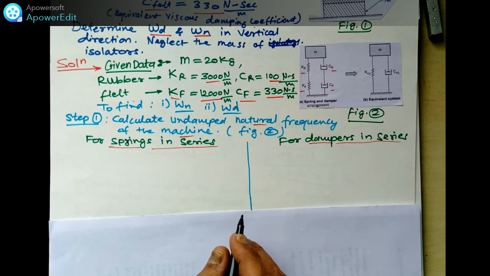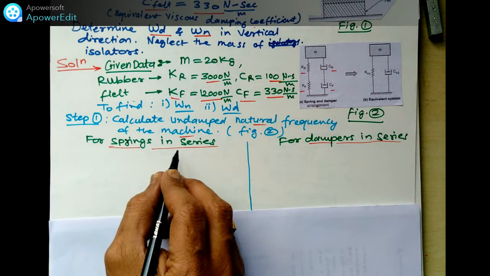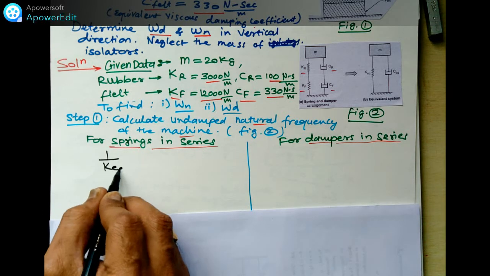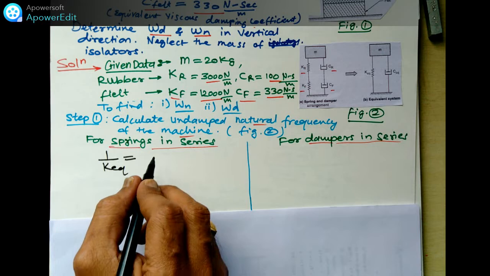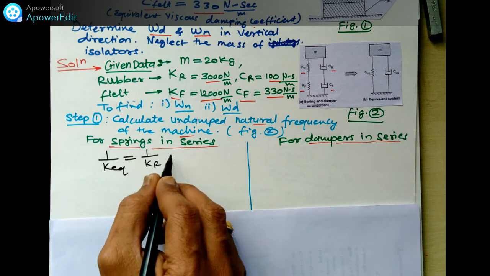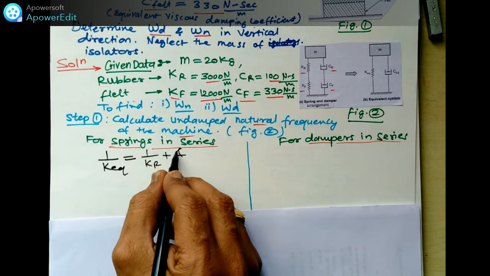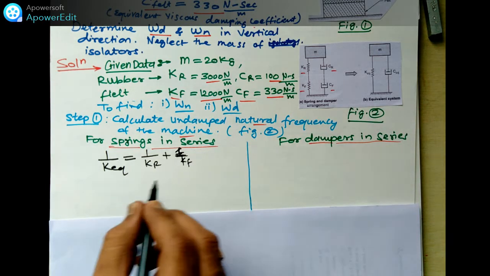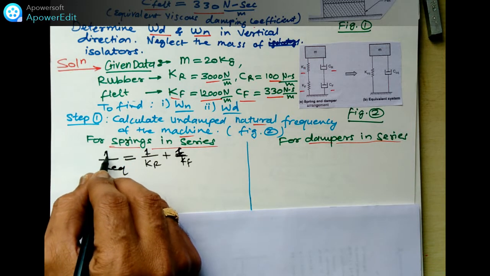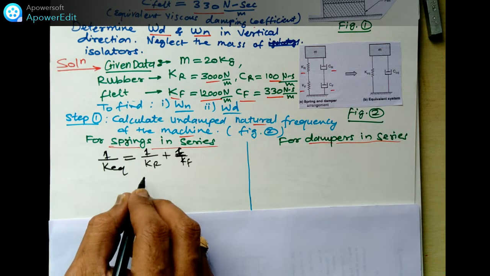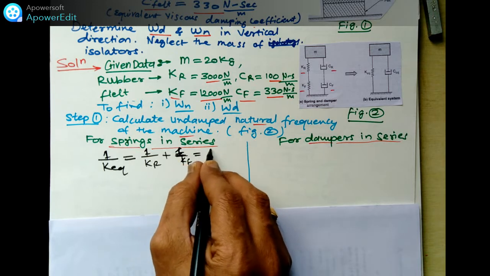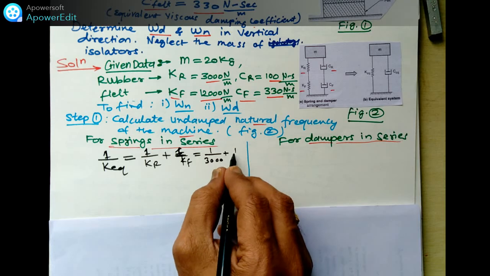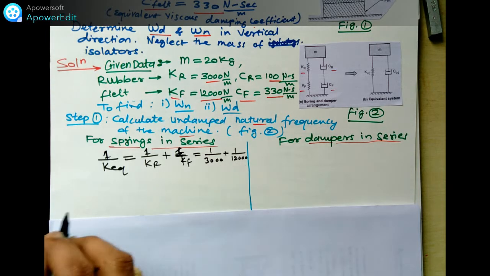For springs in series, we first find the K equivalent. The equivalent spring stiffness is given by 1 by K equivalent equals 1 by Kr plus 1 by Kf. This is the formula for springs in series. So it is 1 upon 3000 plus 1 upon 12,000.